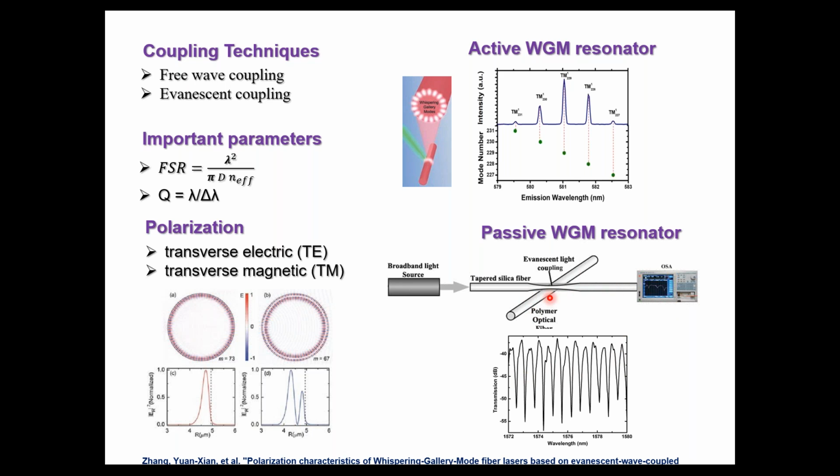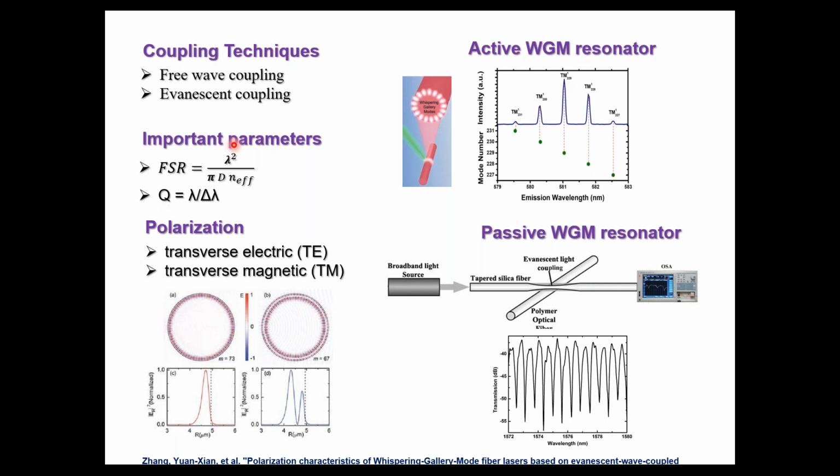Those missing frequencies are basically coupled to this microcavity. That kind of coupling is called evanescent coupling. We allow the evanescent field in the fiber to come out easily by tapering it, because reducing the dimension will enhance the evanescent coupling. That means the energy leaking from the waveguide structure.